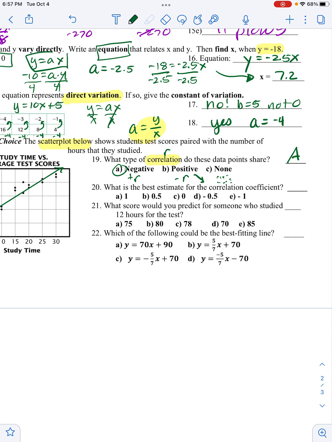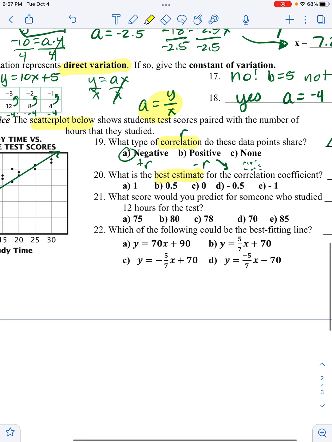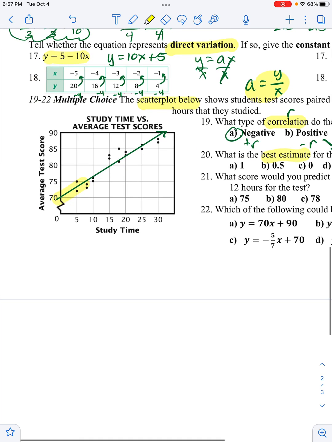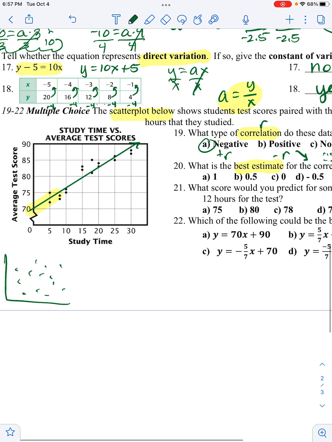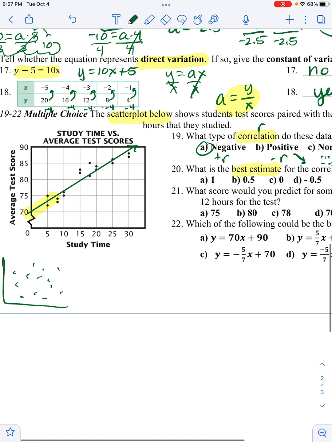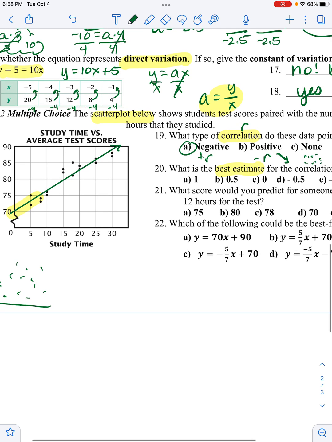What is the best estimate? We're always estimating using these same values: positive 1, negative half, positive half, 0. 0 means totally random, so you're going to pick 0 if the dots are literally everywhere and there's not a line of best fit. In this problem, I'm leaning towards 1 because it says best estimate. 0.5 means it's pretty spread out, and these really are not.